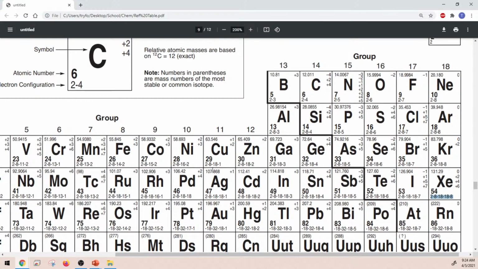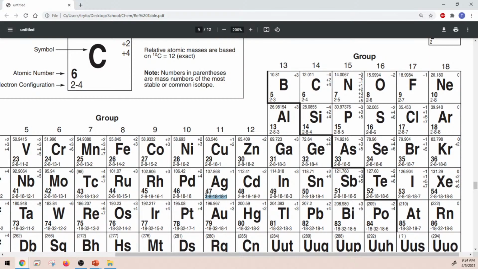The electron configurations on the periodic table are always correct. The electron configurations on the periodic table are based on the quantum mechanical model. Right, the model that is more advanced than the shell model. And so when you see something like this, 2, 8, 18, 18, 1, instead of 2, 8, 18, 19, that's okay.